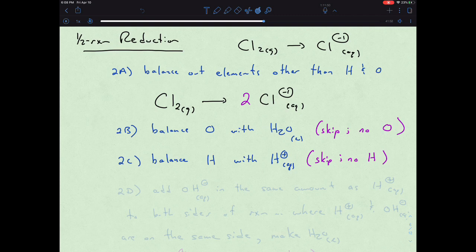And then step 2D, we are under basic conditions. So we want to add hydroxide in the same amount as H plus to both sides of the reaction.